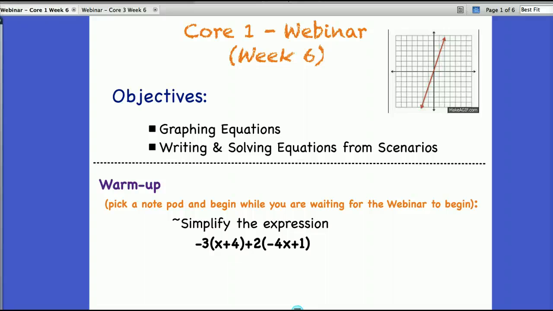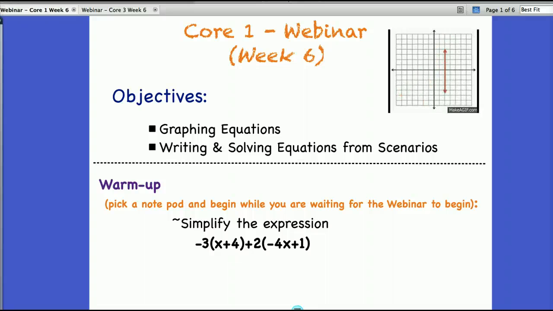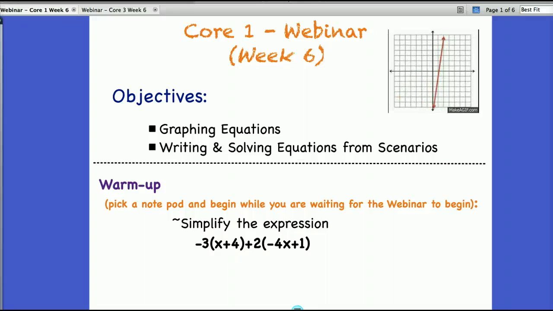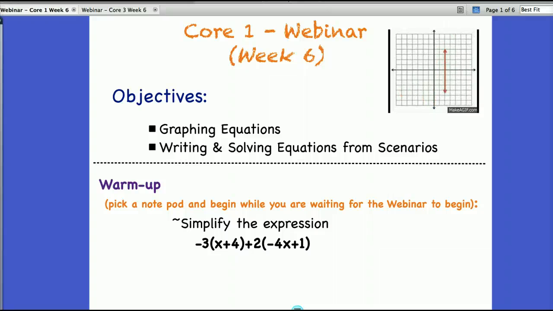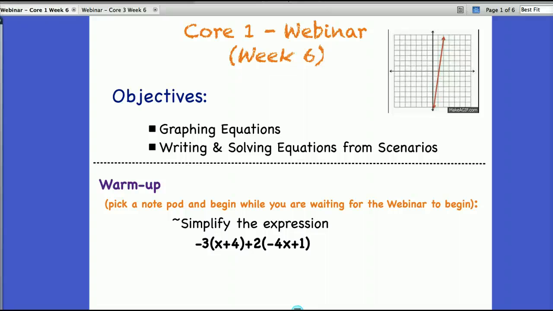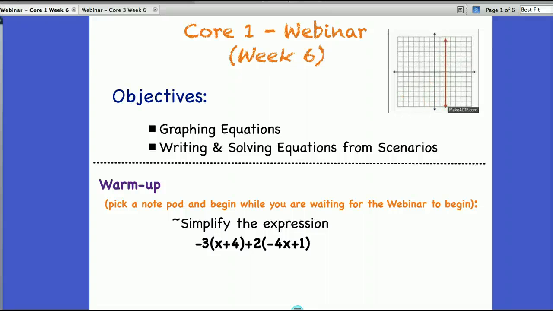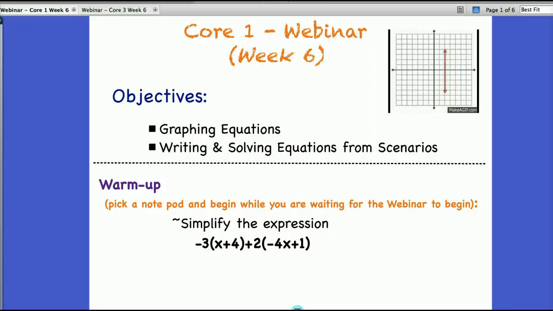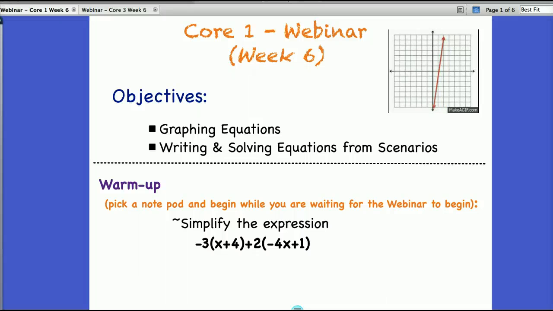So the x plus 4, those aren't like terms, right, guys? Not like terms. So don't put the x plus 4 together to get 5x because those are not the same. So what you want to do is take your negative 3 and distribute that into the parentheses. So you want to do negative 3 times x, and then negative 3 times 4. And that's how you want to solve it.